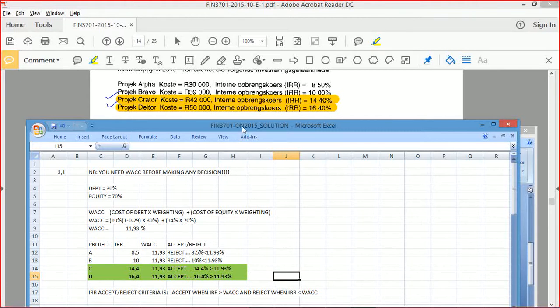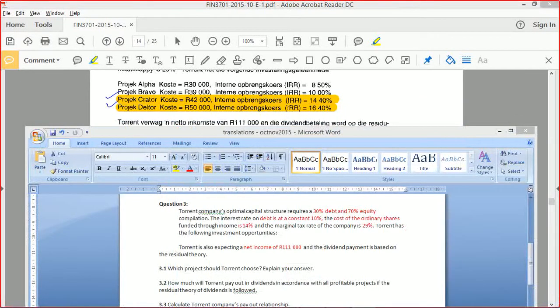70% of 42,000 gives us 29,400. And 50,000 times 70% equals 35,000, plus 29,400 equals 64,400.